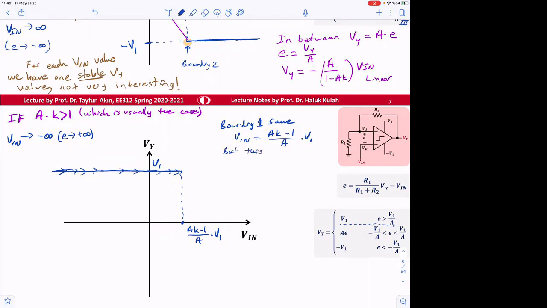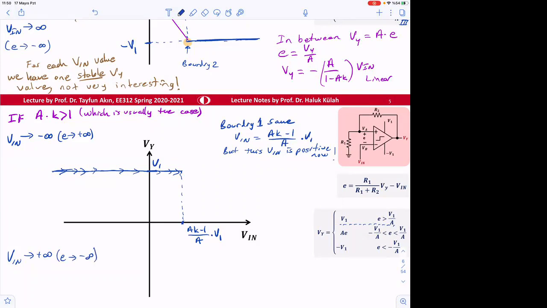But this V in is positive now. Okay. What happens if V in goes to plus infinity? Then E goes to minus infinity.